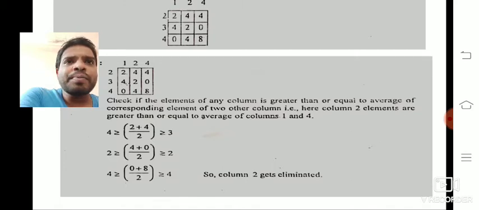The dominated column is 2, so we can delete the second column.